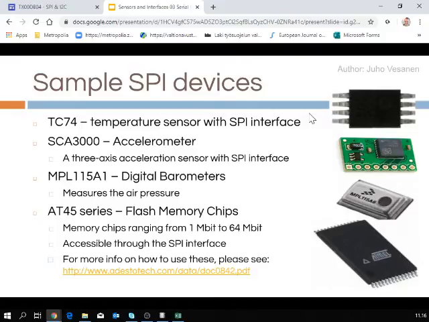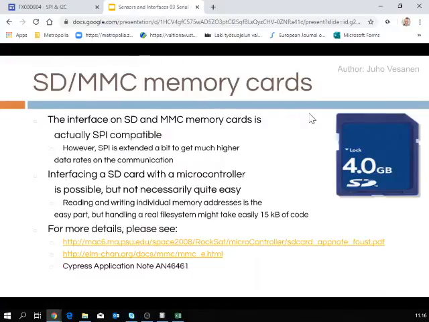SPI interface devices: the TC74 also comes with SPI, but you will be using the I2C there. Then, for example, this kind of accelerometer, some digital parameters, flash memory chips. So basically, if you put a flash memory chip on an SD card, you can access it like that.